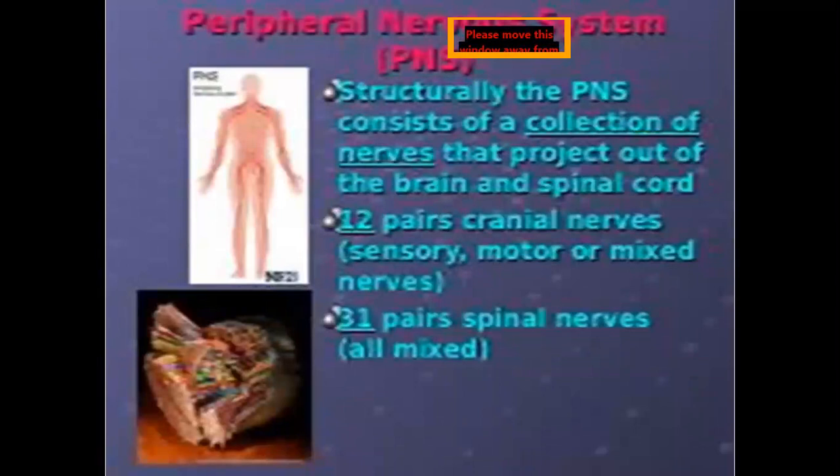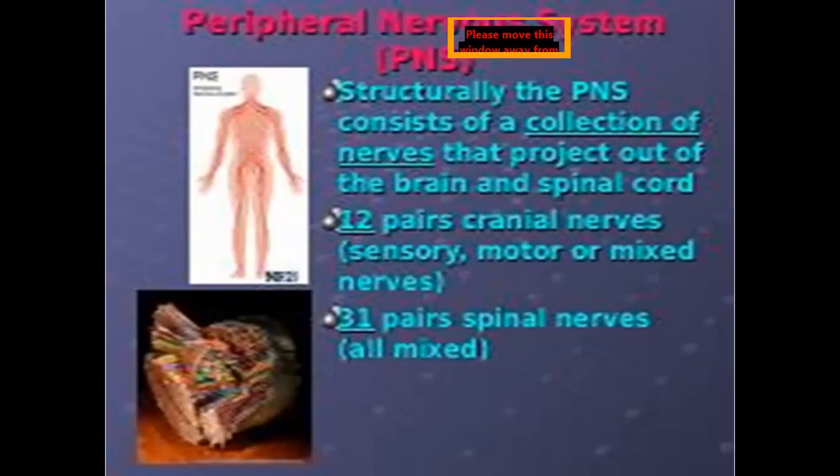Next is the peripheral nervous system. It mainly consists of nerve cells or neurons that emerge out of the brain and the spinal cord. The nerves that emerge out of the brain are known as the cranial nerves.